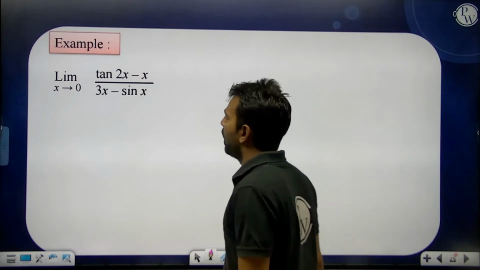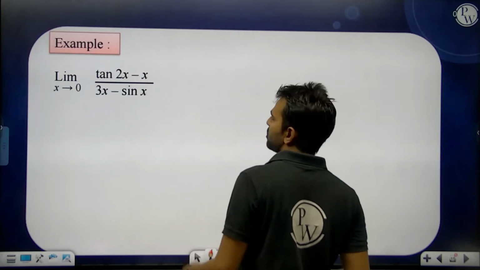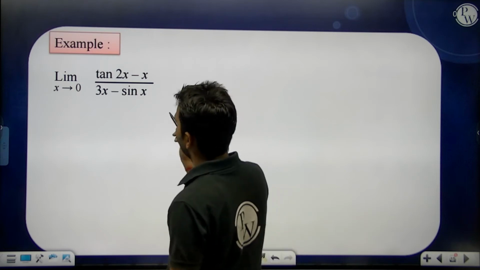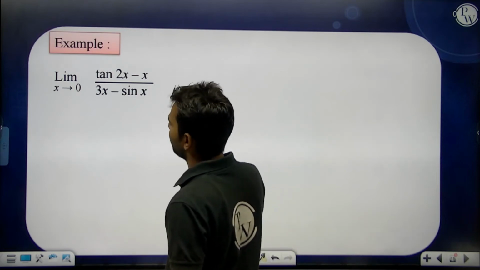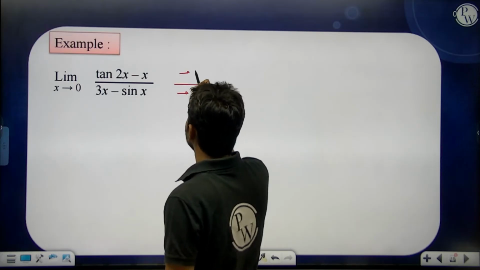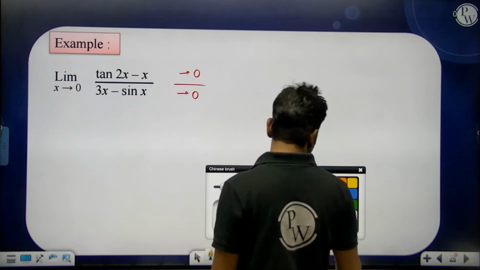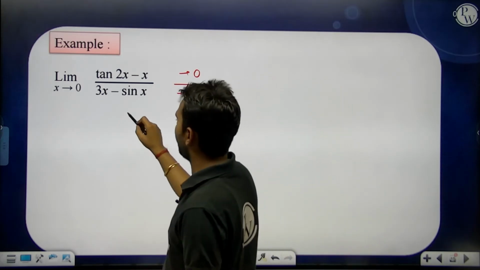Alright, here we go. Limit x tending to 0, this particular thing. You guys can solve these questions by L'Hopital's rule as well, because over here you can see that an indeterminate form is there, because this is tending to 0 and this is also tending to 0. So one method is you can solve these questions by using the LH rule.